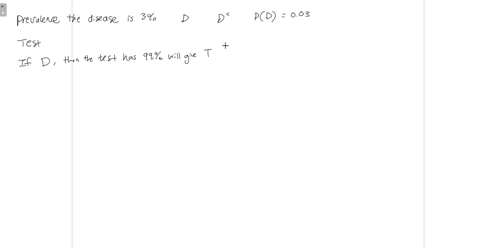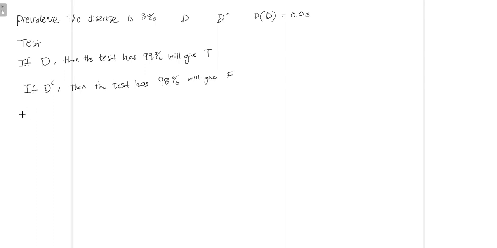Will give true, you have the disease. True, the disease exists. If the person does not have the disease, then the test has a 98% chance will give false, that the person does not have the disease. So these numbers look pretty good.